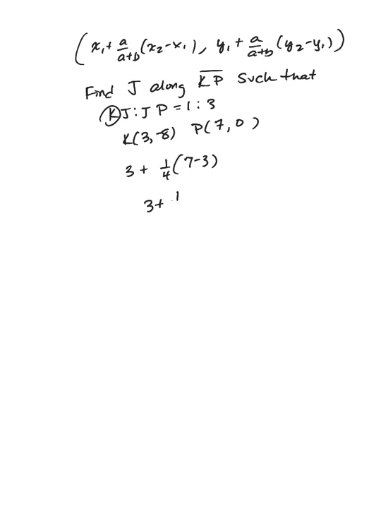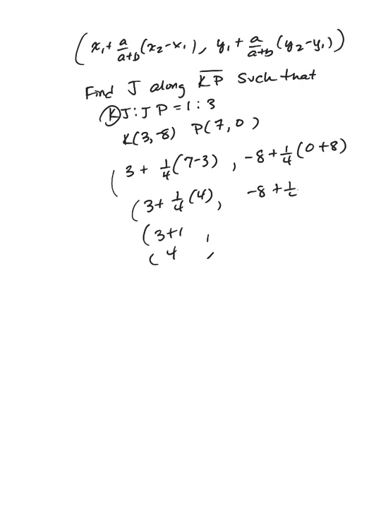So that would be 3 plus 1/4 times 4, which is 3 plus 1, or 4. For the y part, you would start with negative 8 plus 1/4 times 0 minus negative 8, which is 0 plus 8, so negative 8 plus 1/4 times 8. Well, 1/4 of 8 is 2. So this would be the coordinates of j.